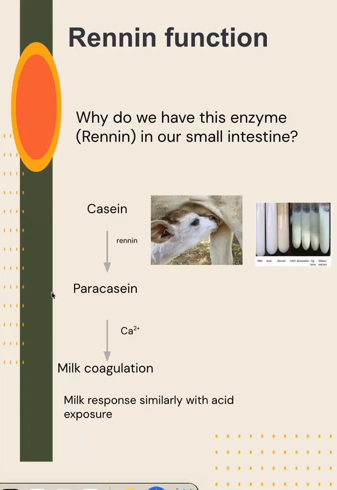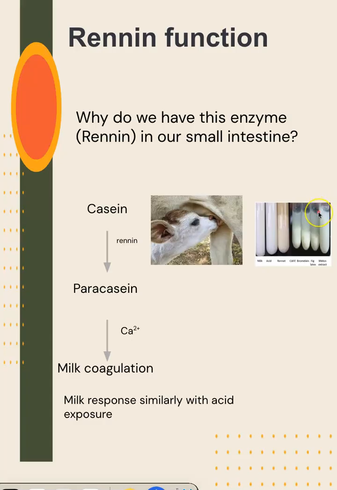So by solidifying the milk in the stomach of these infants, it can stay in the digestive system a little bit longer, and it can be digested more efficiently than if it was not solidified. So milk can become solid by using this enzyme.